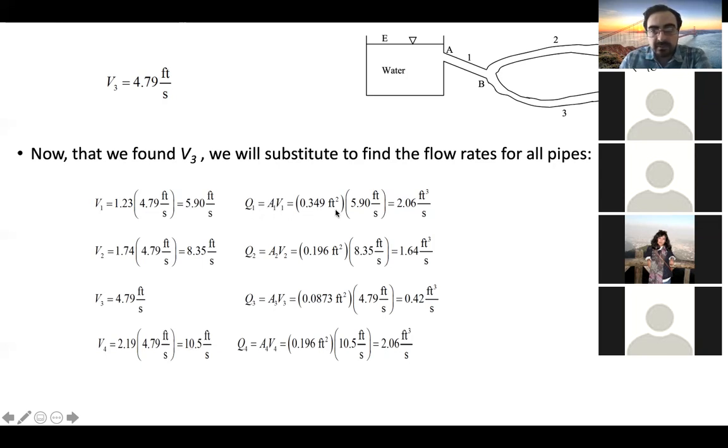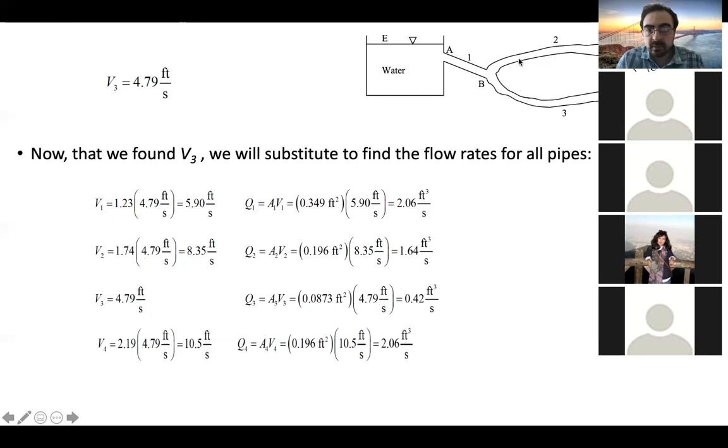So we substitute those values, for example Q1 equals A1 V1, and we get about 2.06 foot cubed per second. Similarly for Q2, Q3, and Q4, we repeat the same procedure to get the flow rate at each pipe.